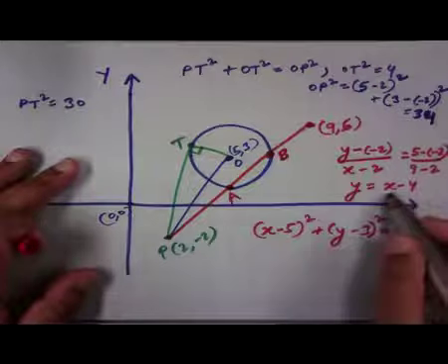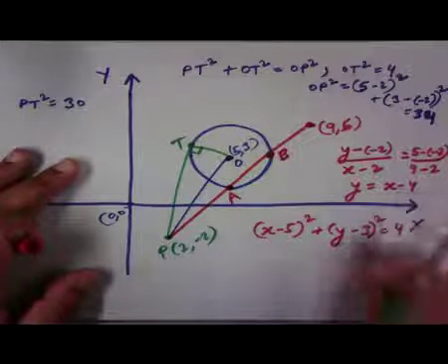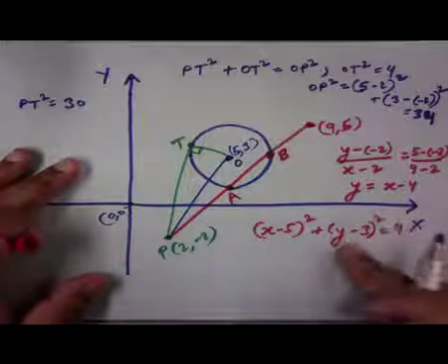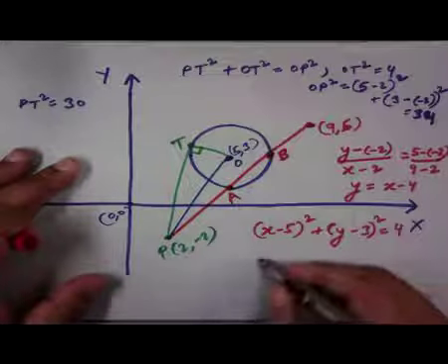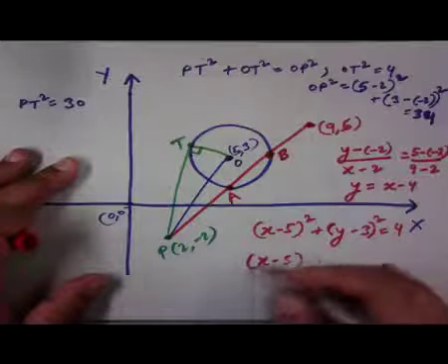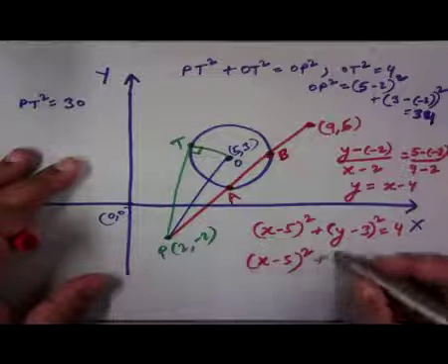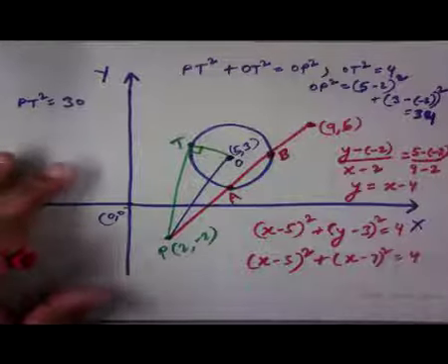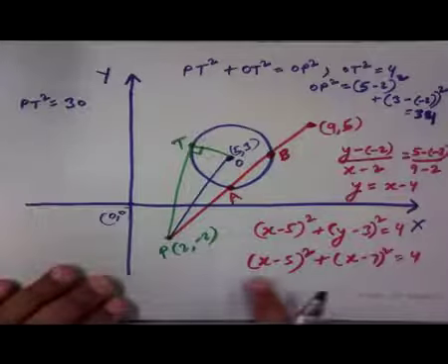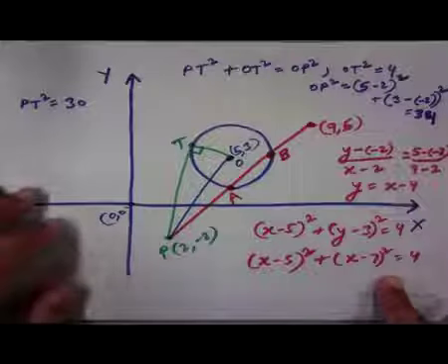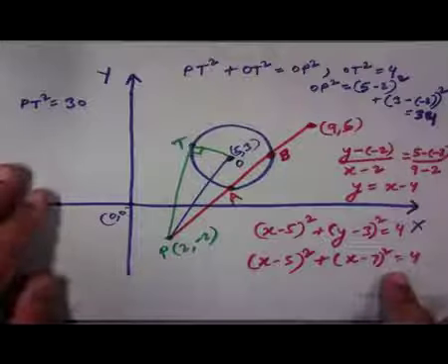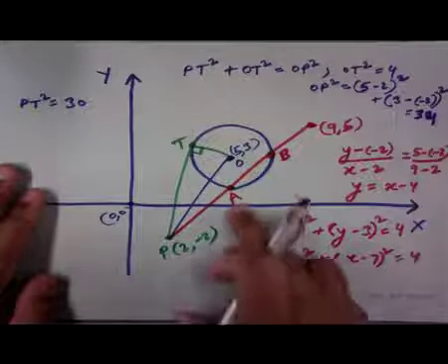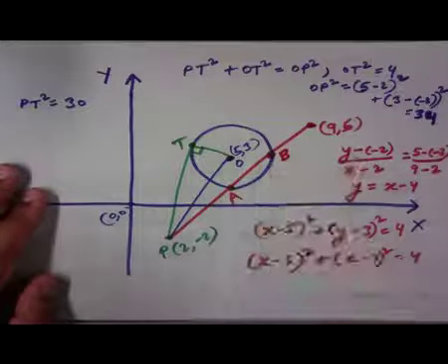Now, since y is equal to x minus 4, if we replace this y by x minus 4, we get x minus 5 whole square plus x minus 7 whole square is 4, and we can see that what we have got now is a quadratic equation in x. So, we will get 2 different values of x, which will correspond to the x coordinates of these 2 points of intersection.